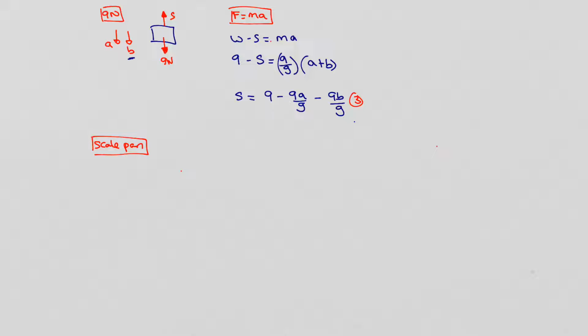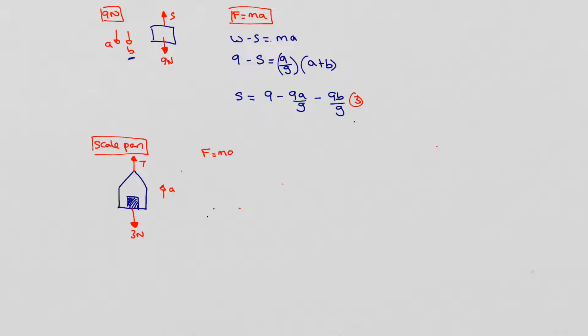So with the scale pan, we have a particle sitting on it, and therefore the weight overall for the whole thing is 3 Newtons, and we have tension acting away, and it is accelerating in an upward direction.